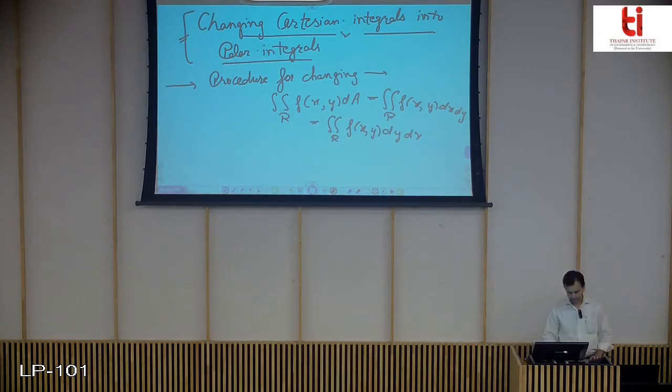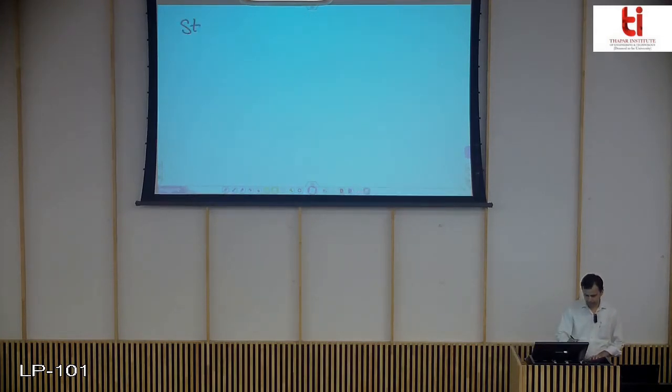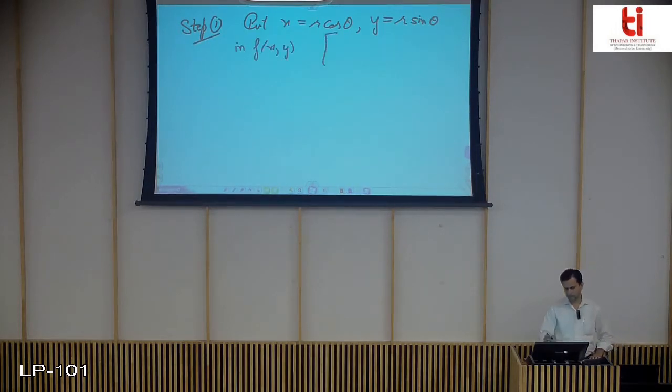Now step one involves putting x equals r cos theta, y equals r sin theta in f(x,y). So first of all, you substitute x equals r cos theta, y equals r sin theta.